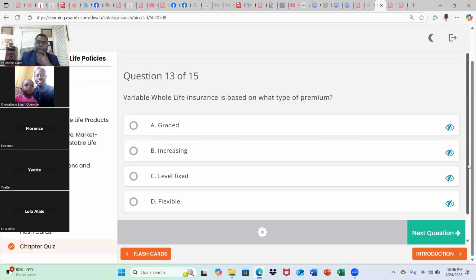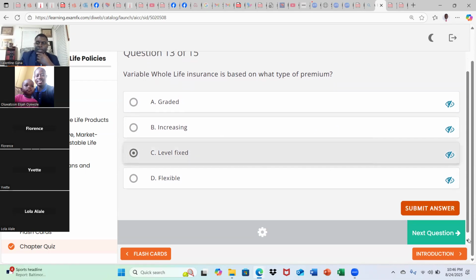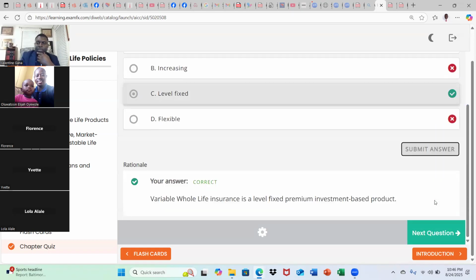Level is fixed. All right, C. Very smart, very intelligent. And that's correct. Variable whole life insurance is a level fixed premium investment based product. Correct. Very true.